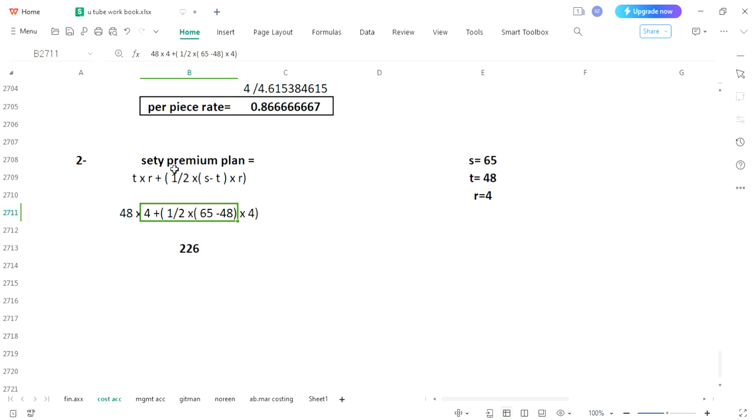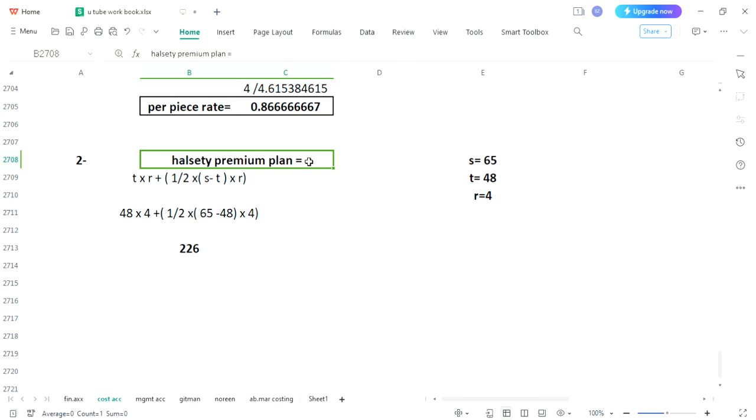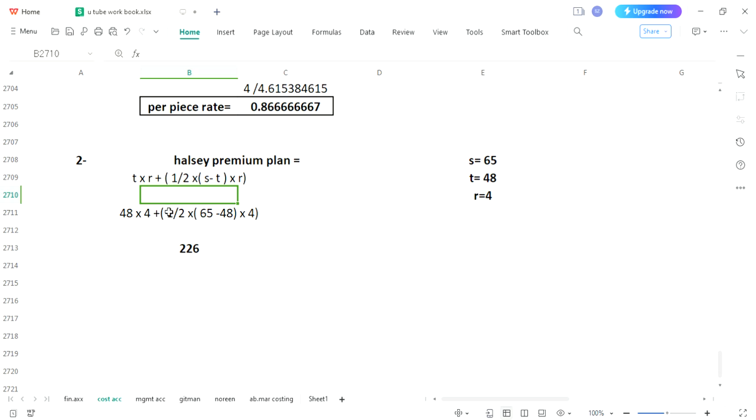This is your Halsey premium plan or method, and this T is not needed. So we have followed the formula given over here, and we have put the values and got the answer. This was your second answer, let's mark it as it has been done.